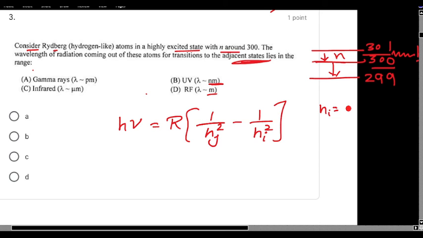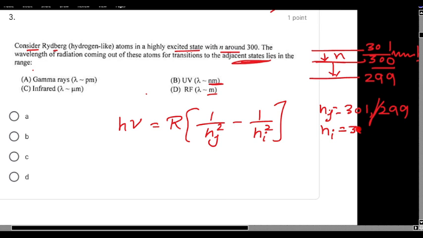You can put nf as 301 or 299, and ni value is 300, since the particle is in 300.